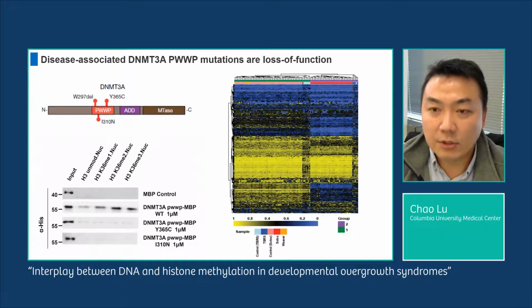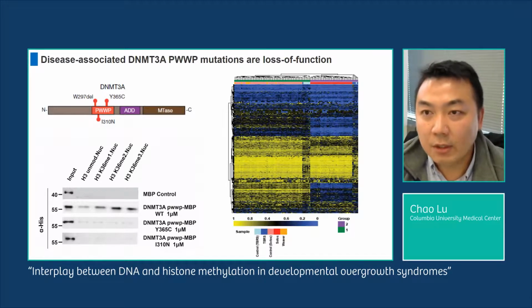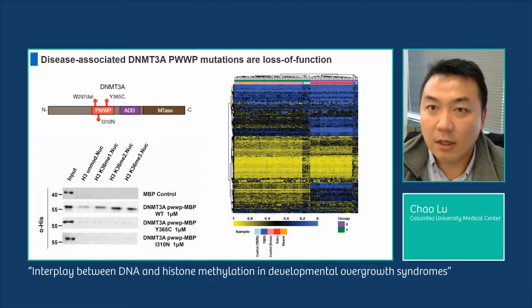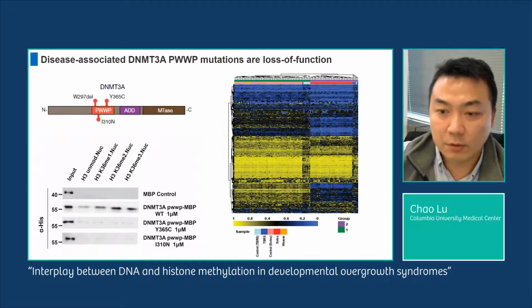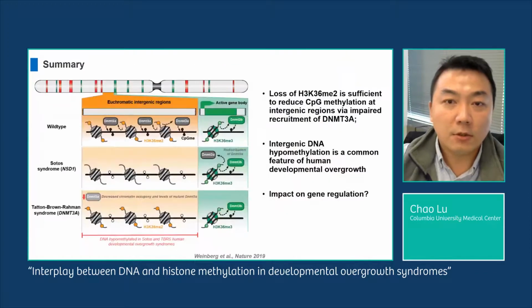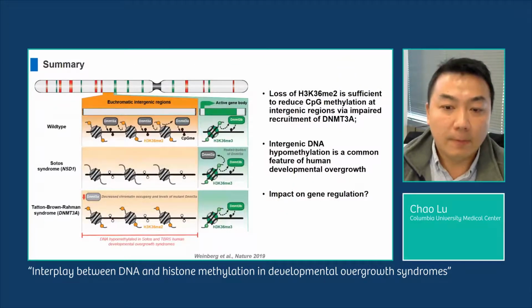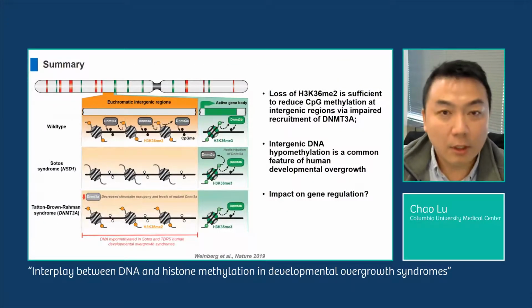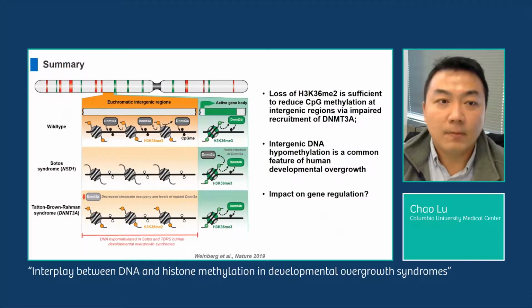As you can see in this unbiased clustering, the blue and the dark red columns are clustered closely together and away from all the control samples, as well as another form of overgrowth syndrome, Weaver syndrome patient samples.